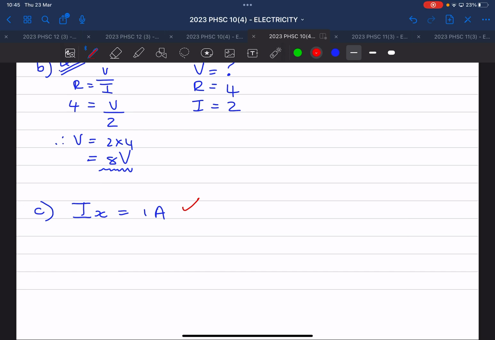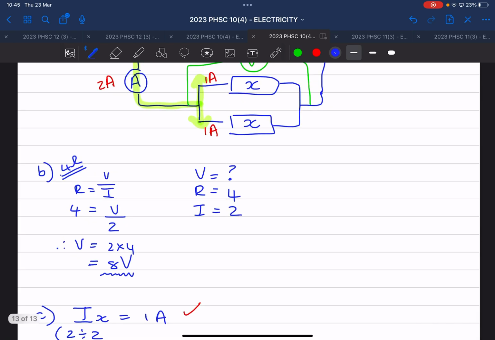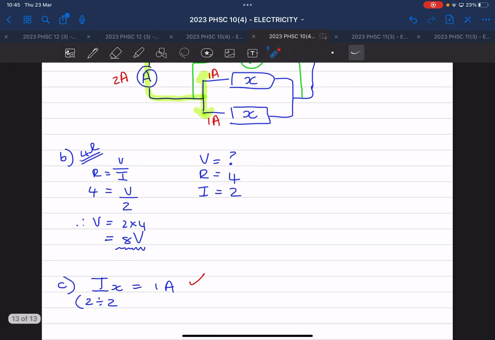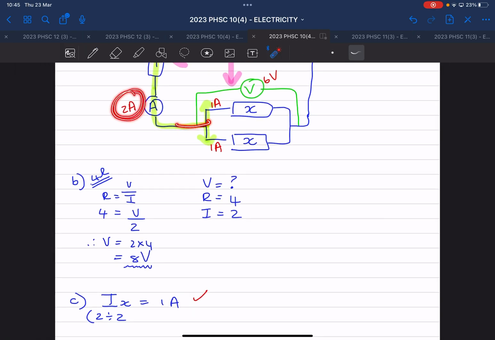If it counts 2 marks, it means you must show something else. Then you want to first say 2 divided by 2. So this 2 there divided by the 2 branches. The 2 divided by 2 branches gives me 1 ampere. Okay.